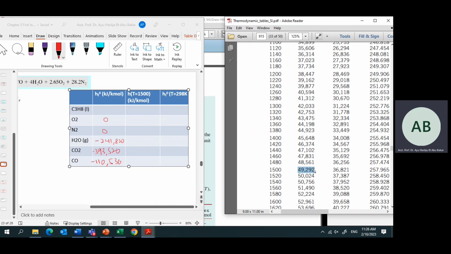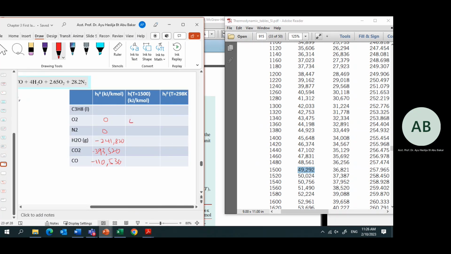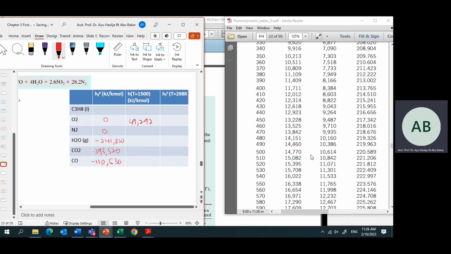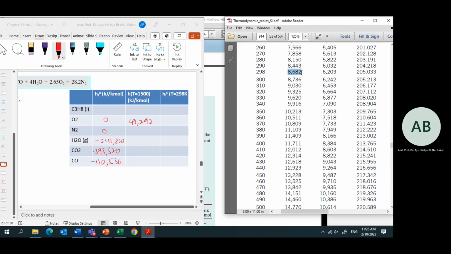This one is for O2. And here is the value at T298 for O2.